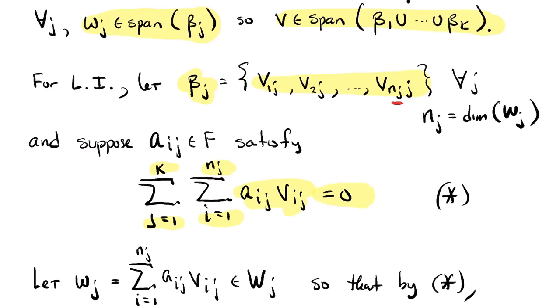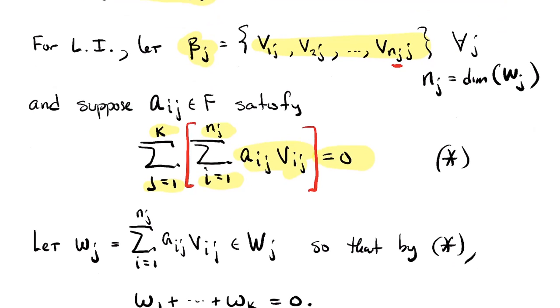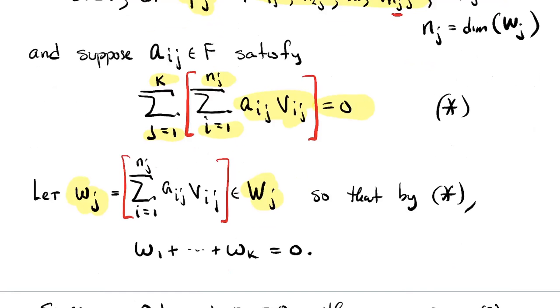Okay, so looking at this sum, fixing a j and summing over the relevant i's, let's call that thing wj. wj is an element of capital Wj because the vij's are in there. It's a subspace. So by star, if you look back up at star, the sum of those little w's is 0, right?